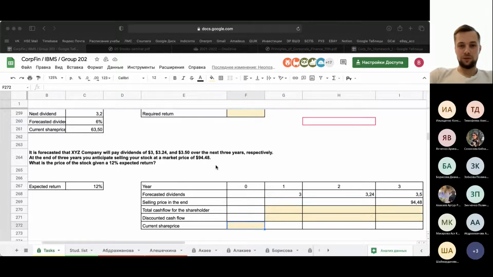Konstantin, are you ready, or did you just forget to lower? Yeah, I can show it. Okay, let's look.